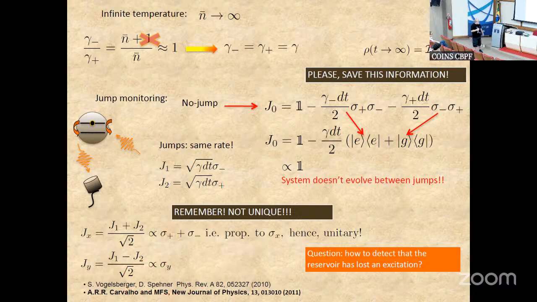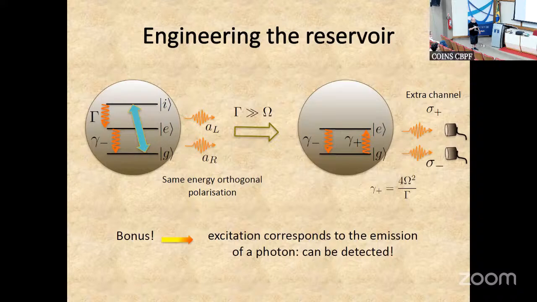So now, if I had a way to detect my jumps in this superposition, instead of detecting the clicks for emitting and absorbing, detecting superpositions of emission and absorption, I actually would get unitary transformations to the state of my system instead of non-unitary ones. So this is quite interesting, and the question is, how can I do it?